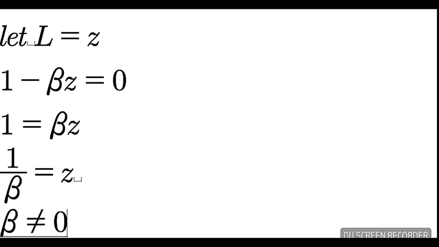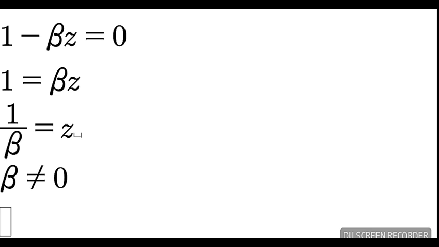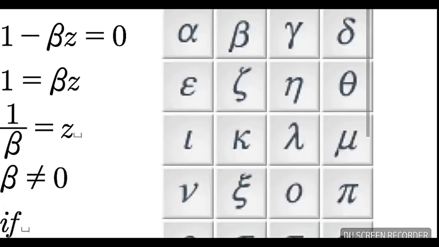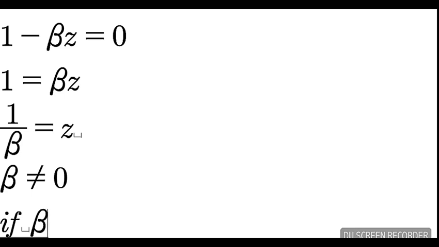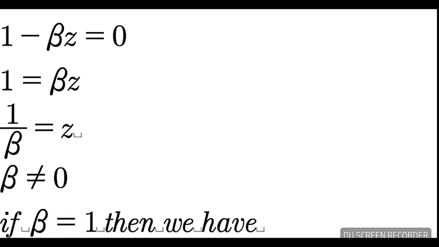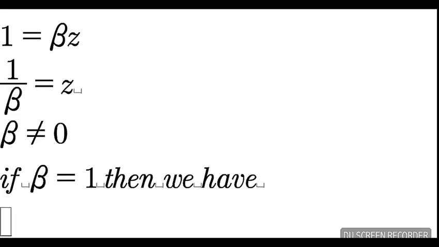So if beta is equal to 1, then we have our root to be z equal to 1.